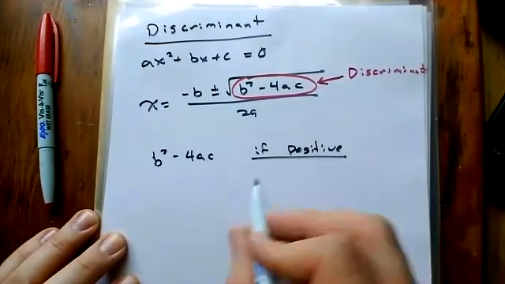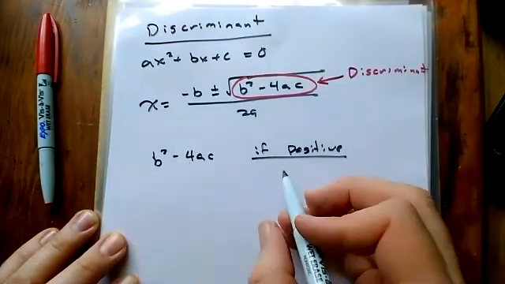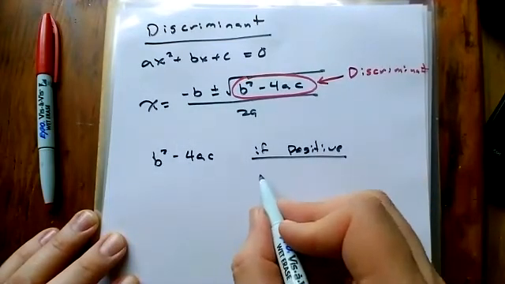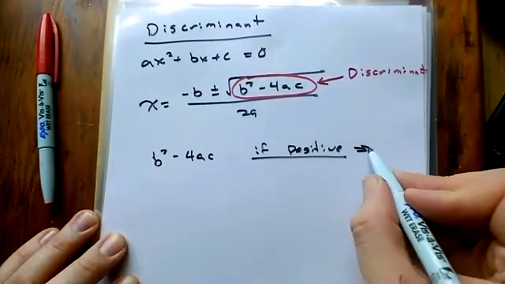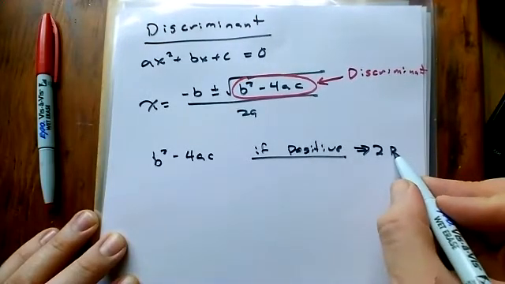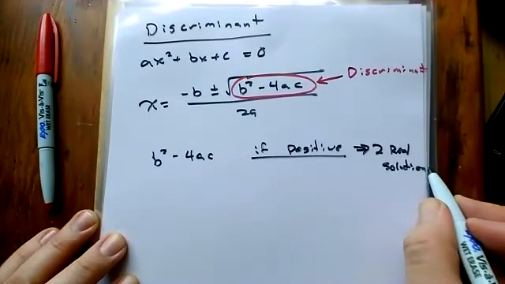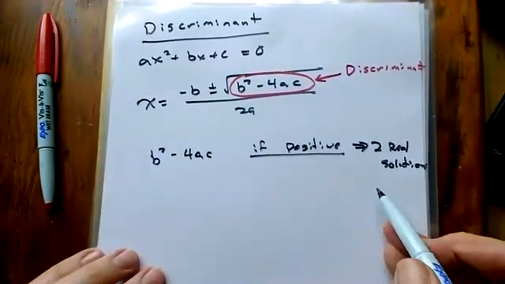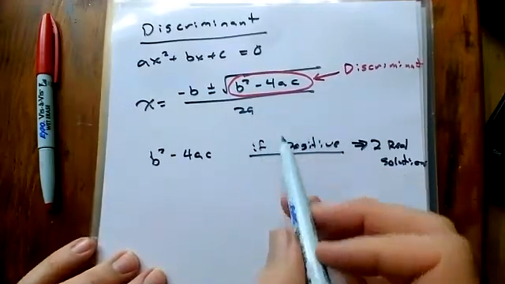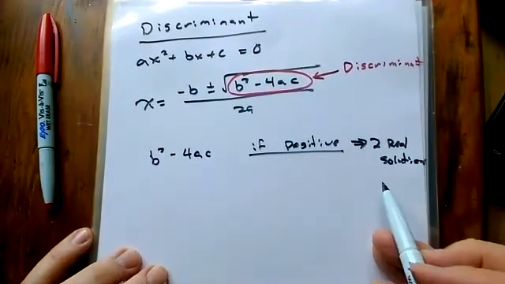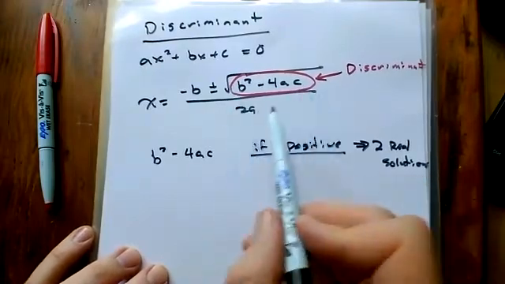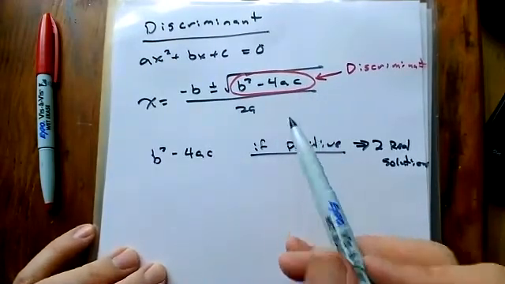if the value of this is positive, then you're going to end up with two real solutions. And more than that, if this happens to be a perfect square, you'll end up with two rational solutions. You would be able to completely evaluate that square root.